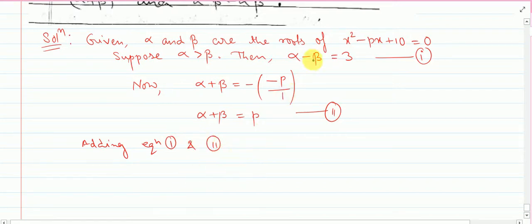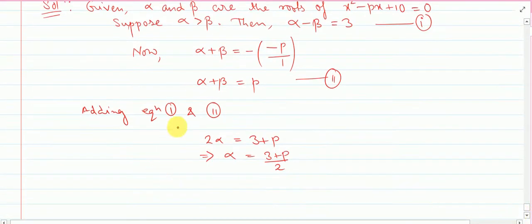When you add equation 1 and 2, this minus beta and here plus beta will get cancelled. So you are getting 2 alpha is equal to 3 plus p. So you're getting alpha is equal to (3 plus p) upon 2. Done.